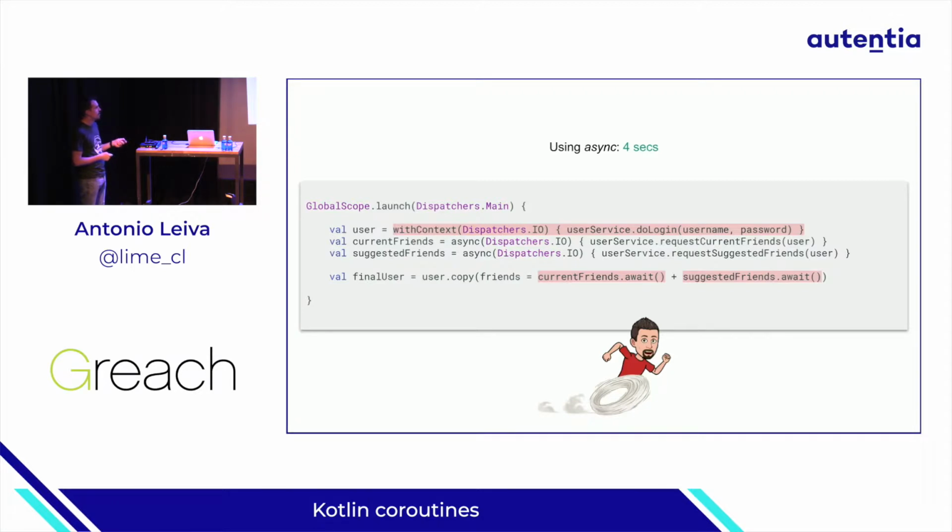This will block here and here until they are finished. When this one has ended, the result is returned here, and we can merge these two lists into the final one and save it into the user. So instead of taking 6 seconds, it will take just 4 seconds.